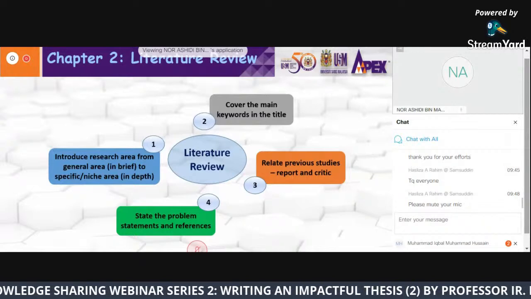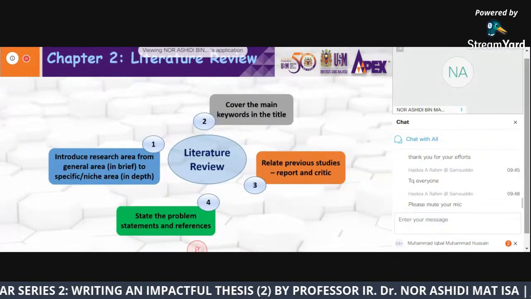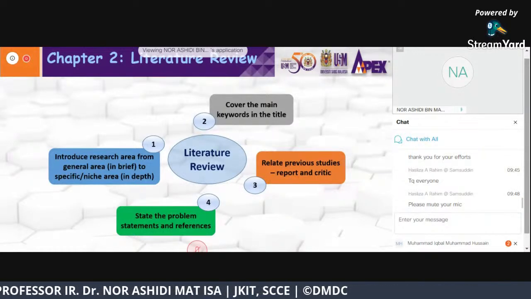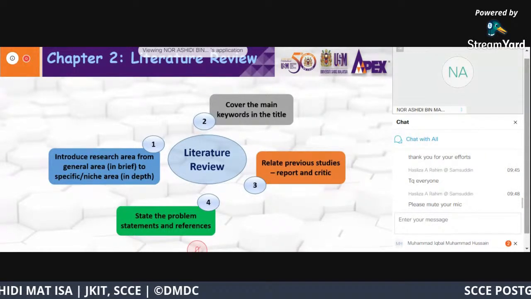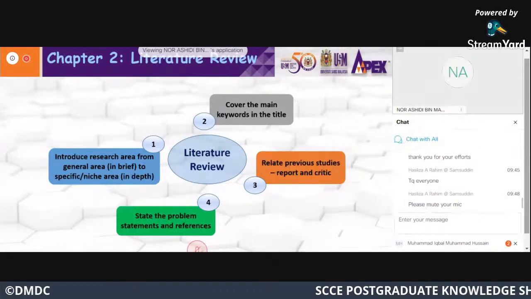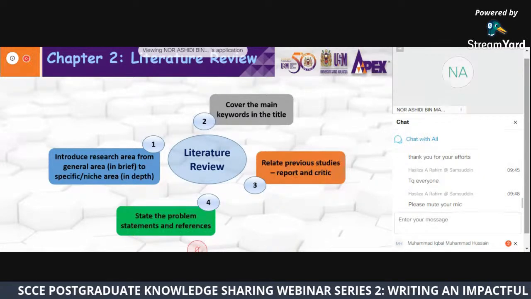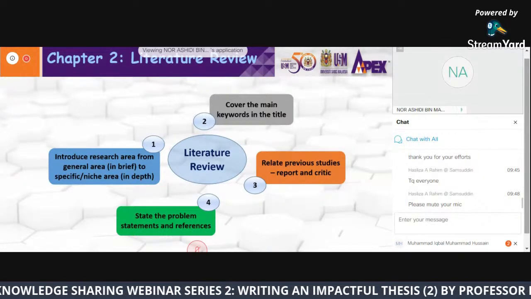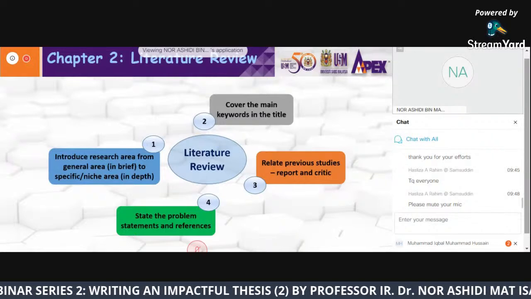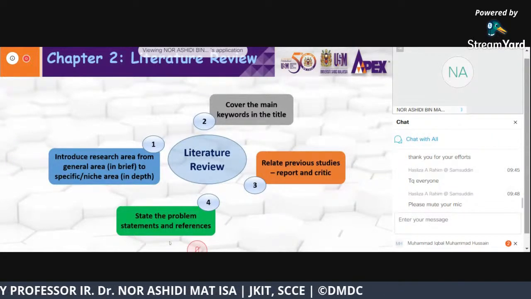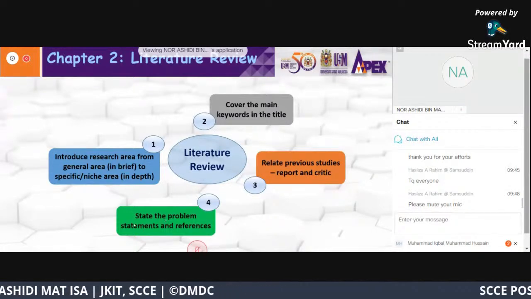And from those specific problems, you must combine and relate them together and come out with one general or common problem. And that problem will be the main problem for your research. Okay, so that's how from the literature review, we come out with and highlight, at the end of your chapter 2, your problem statement, your main problem statement.